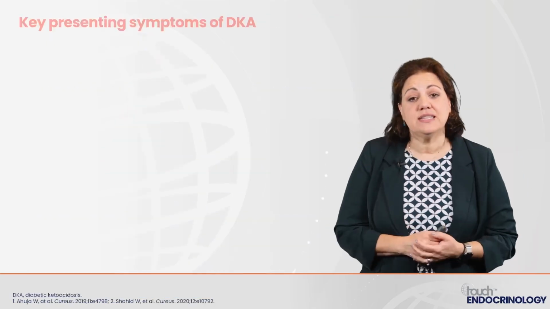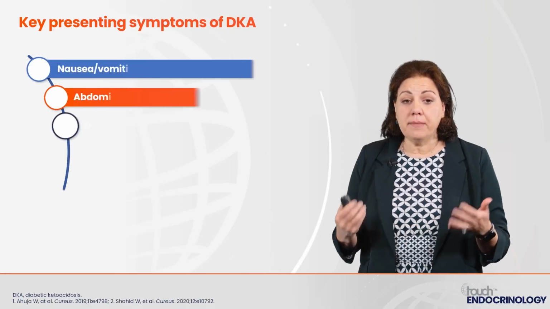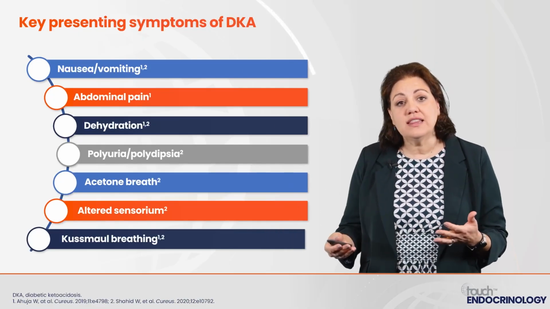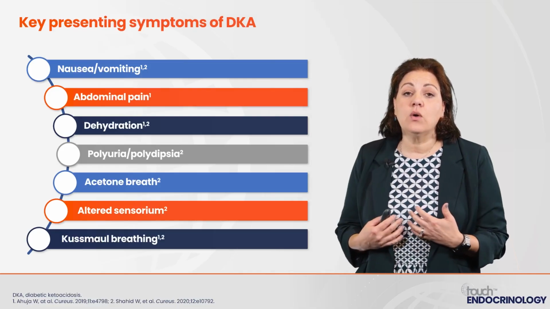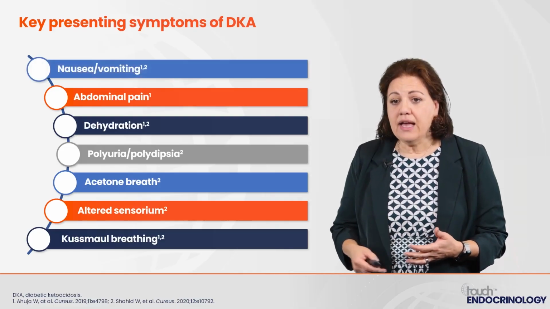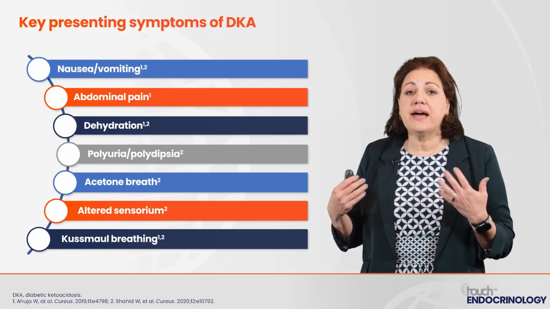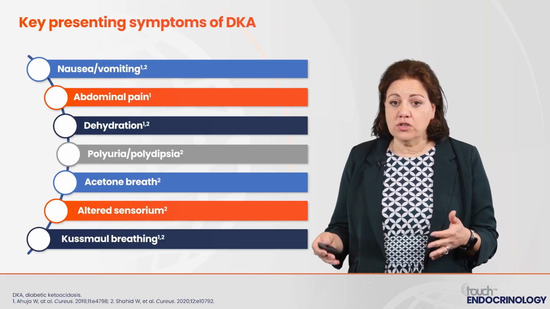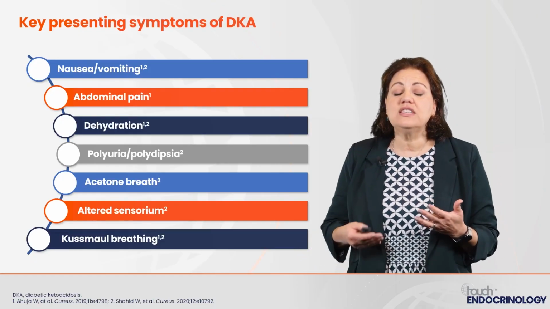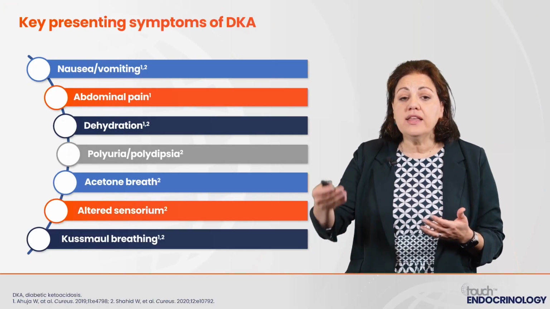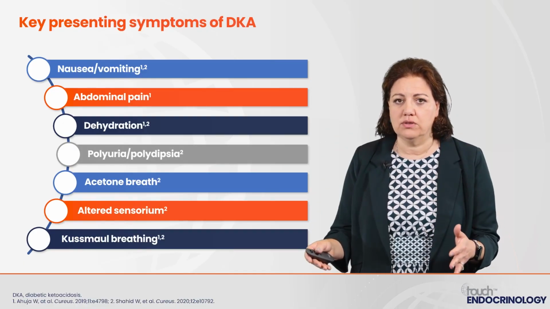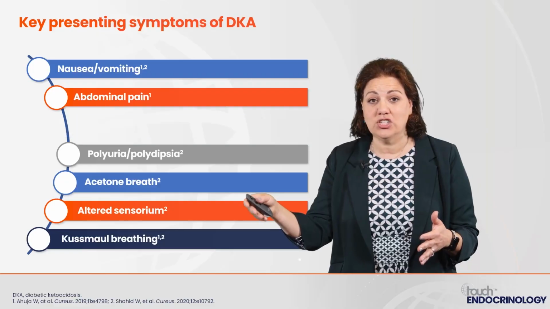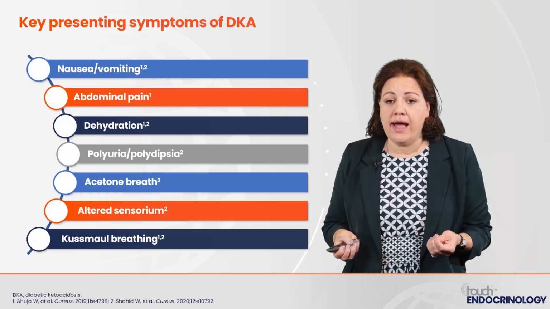So what are the presenting symptoms of someone coming in with DKA? The first thing that you often notice may be abdominal pain. People may then go on to have nausea and vomiting. As glucose rises, the body tries to get rid of the extra glucose, and so there's this vicious cycle of polyuria and polydipsia. People are trying to get rid of all that extra glucose, and that's going to then lead to dehydration as we're drawing all the water out.